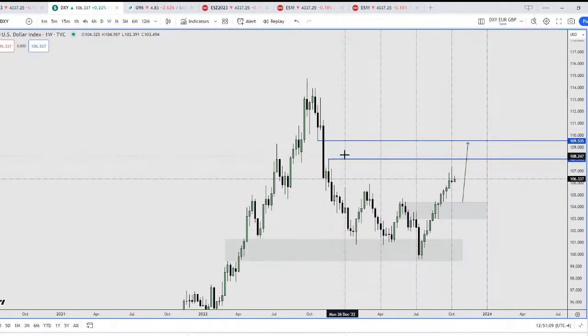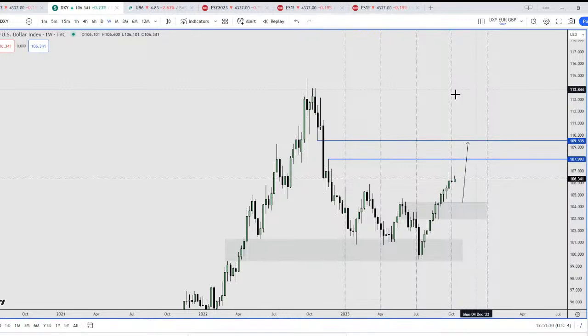Okay, that is my anticipation because we have a breaker here, and usually price would give a retracement back into the breaker for a second entry before the final huge directional move takes place.